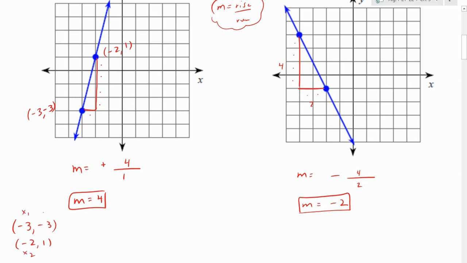First x, second x. First y, second y. So if I do this with the slope formula, second y minus the first y over the second x minus the first x. That turns to 1 plus 3 over -2 plus 3. I get 4 over 1, same slope. I mean, it has to be the same slope, same line. But it's just practicing with the formula.